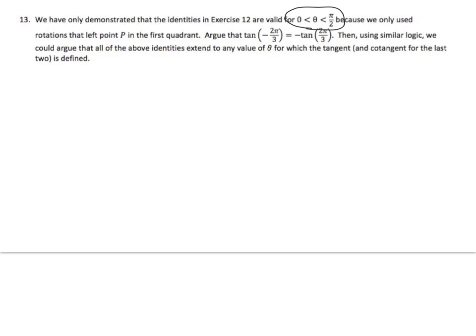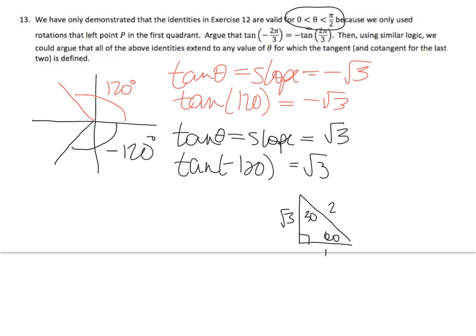So let's go through the thought process in that. Okay, let's talk through this. First of all, I drew an xy plane, and I looked at the radians. I changed it into degrees for 2 pi over 3. So right here we have tan of negative 2 pi over 3. So I drew in black negative 2 pi over 3, which is negative 120.